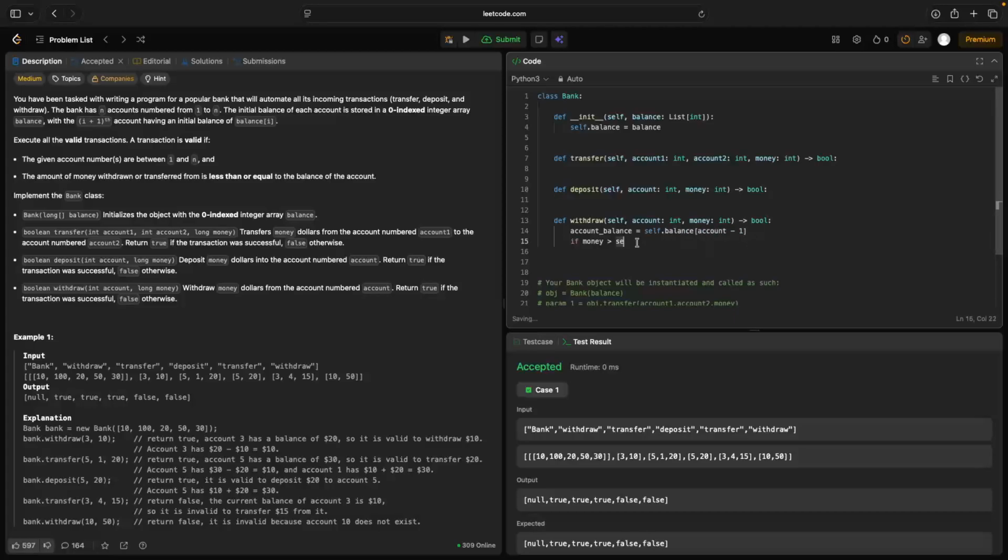And if the money is greater than the account balance, that means we can't withdraw from this account, so we would have to return false.